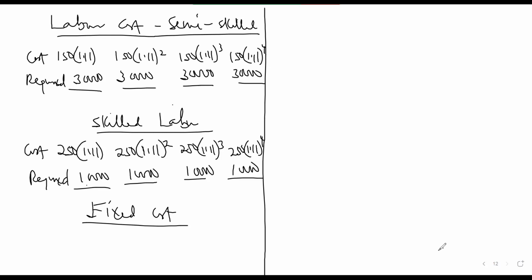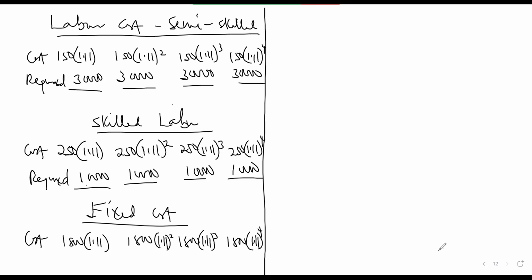Each year, this is in current terms, so the cost will be 1,800 into 1.11, 1,800 into 1.11 exponent 2, 1,800 into 1.11 exponent 3, 1,800 into 1.11 exponent 4. So that's how you do it.